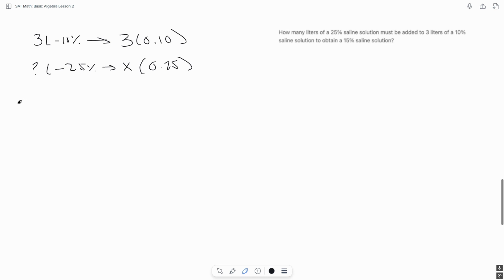So that means you're going to have 3 plus whatever you have equals 15%, which means 3 plus x and 0.15. This plus this is going to have to equal this.